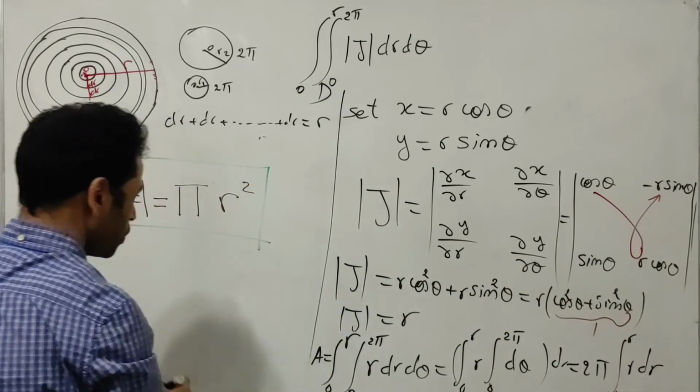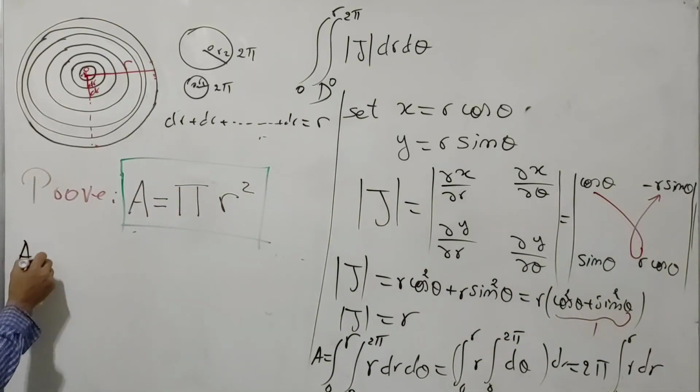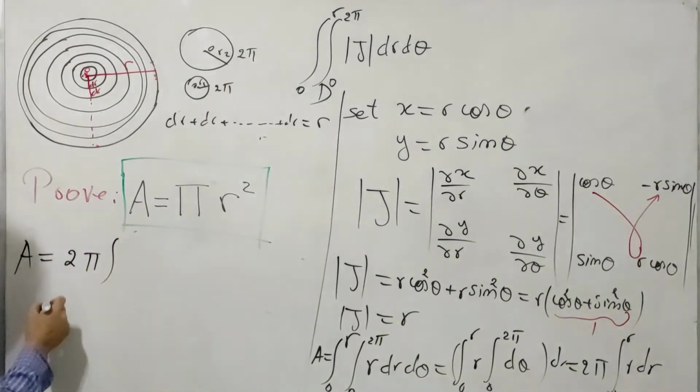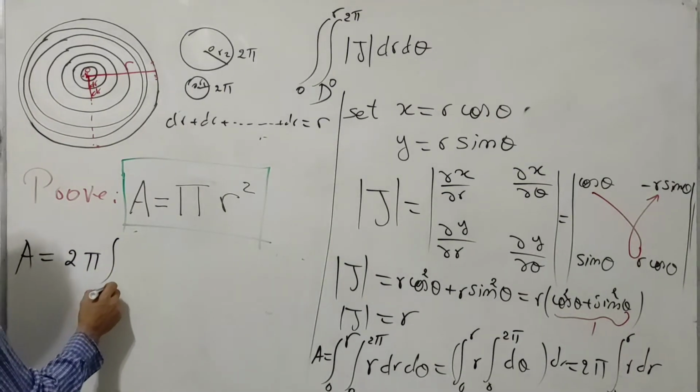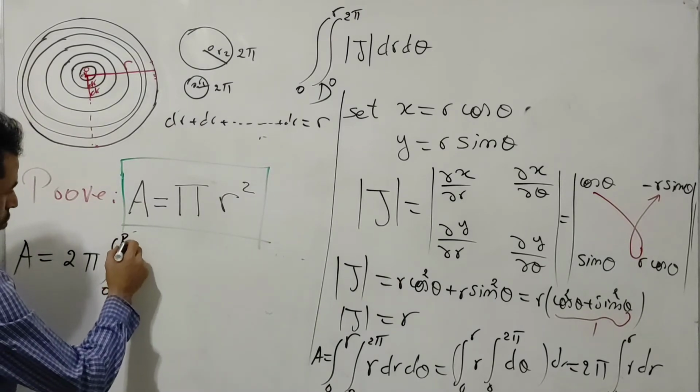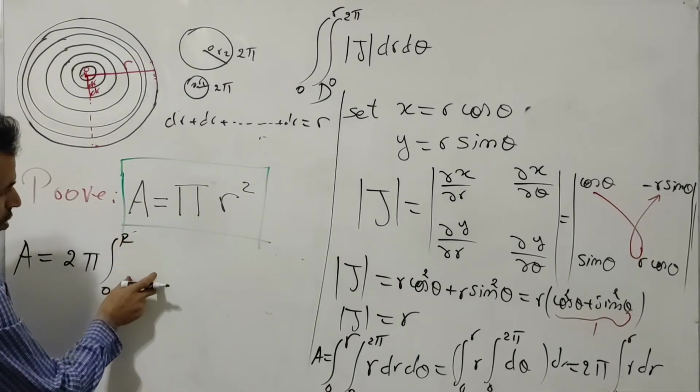I'm going to rewrite this as a capital A, the area of this circle, equal to 2 pi multiplied by the integral as r goes from 0 to R. Let's put the bound as a capital R, to make the difference between the bound and the variable r.